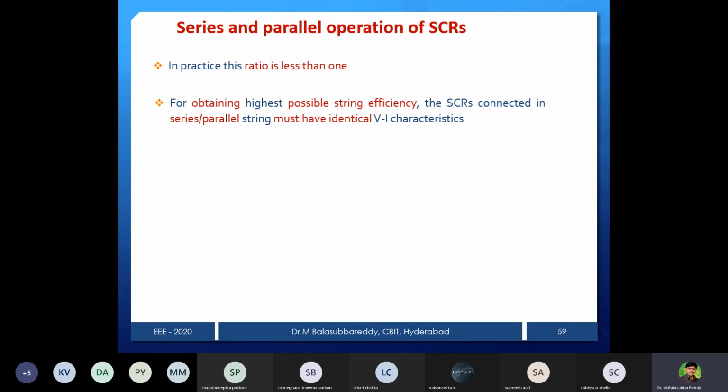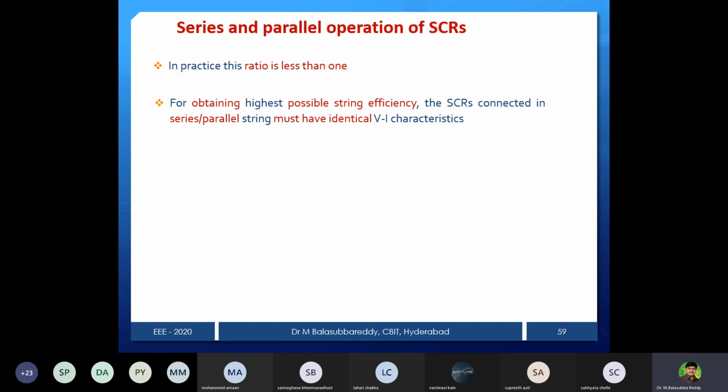To obtain the highest possible string efficiency, SCRs connected in series or in parallel in a string must have identical characteristics. If all the SCRs, not only two, it may be more than two, maybe 10 or 100 or anything, have identical characteristics, then the ratio is unity.